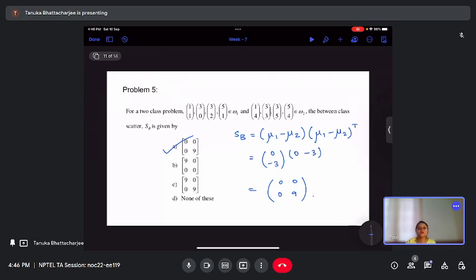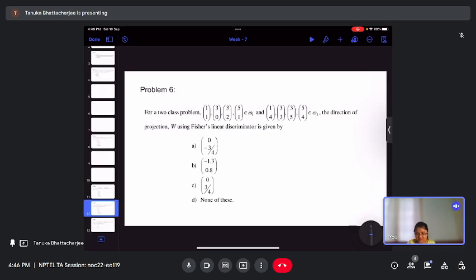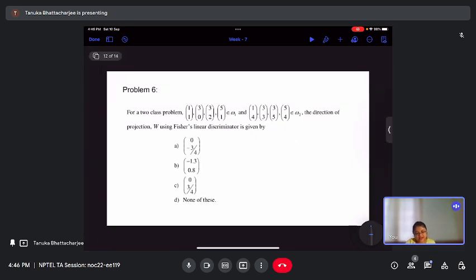So we have computed total within class scatter. We have also computed the between class scatter for these two sets of data points. Now, as the next problem, we will try to compute the direction of projection W using Fisher's linear discriminant for this same set of data points.